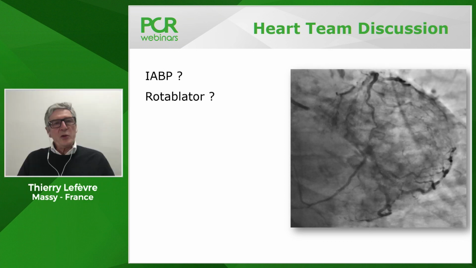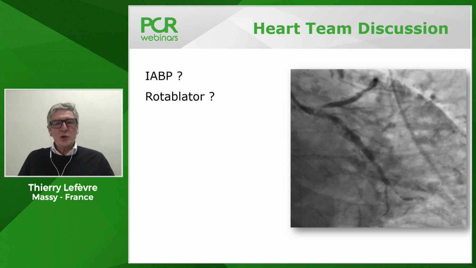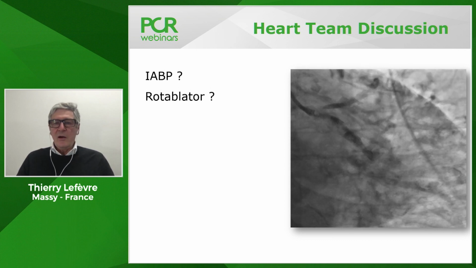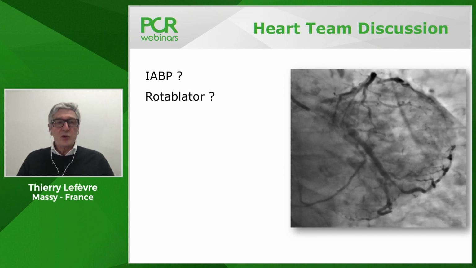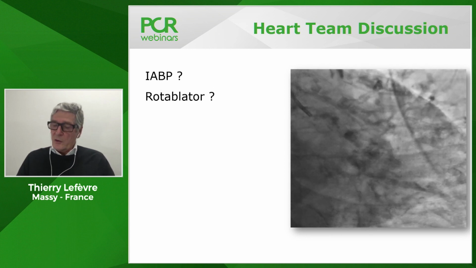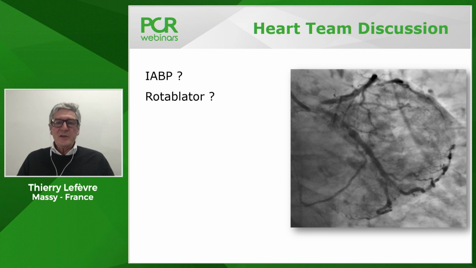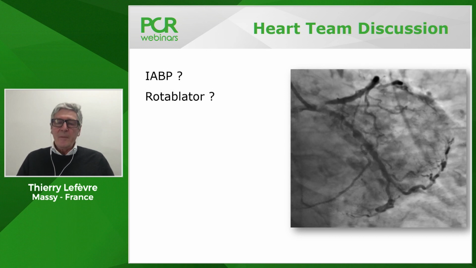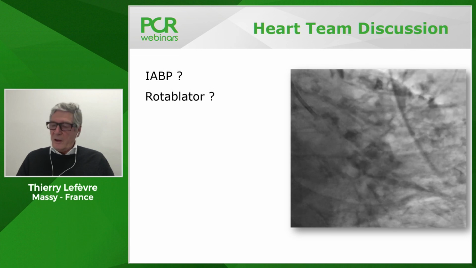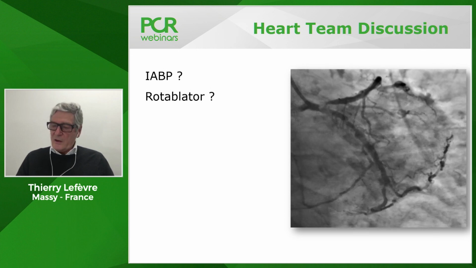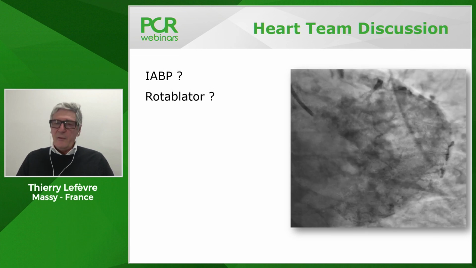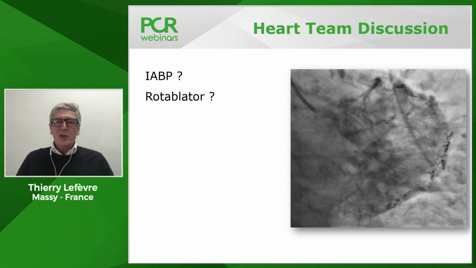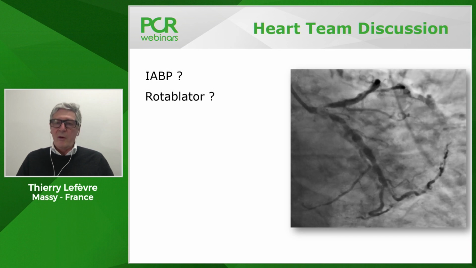Okay, the second question in this particular case is should we use rotablator toward the LAD or the circ or both, or should not use it? I think it's a big question because the right is severely diseased, and if we have any problem with rotablator in the left main, the patient will go into big trouble.